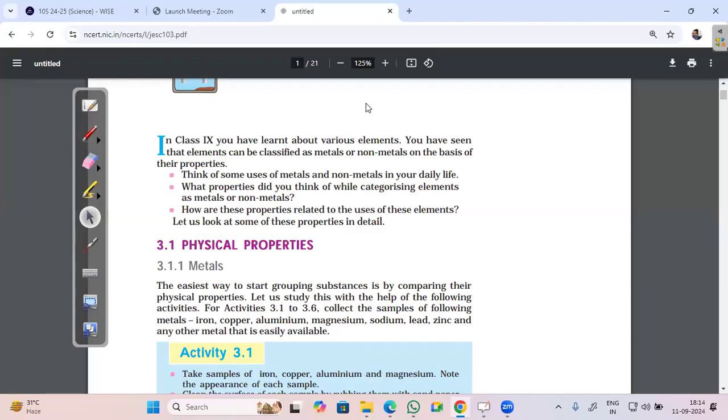Yes, anyone can think of how can we say that a substance is metal? Sir, its chemical properties. Okay, so which chemical properties? Think of the basis on which we say that yes, this is metal and this is non-metal.